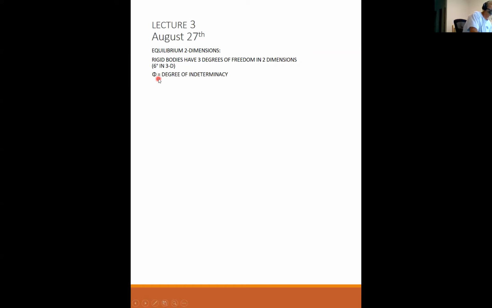We have this symbol, a capital phi, which I've seen used for degree of indeterminacy, or DOI. I've seen it spelled out as DOI and I've seen this symbol. We're just going to use this symbol, but it's the degree of indeterminacy.